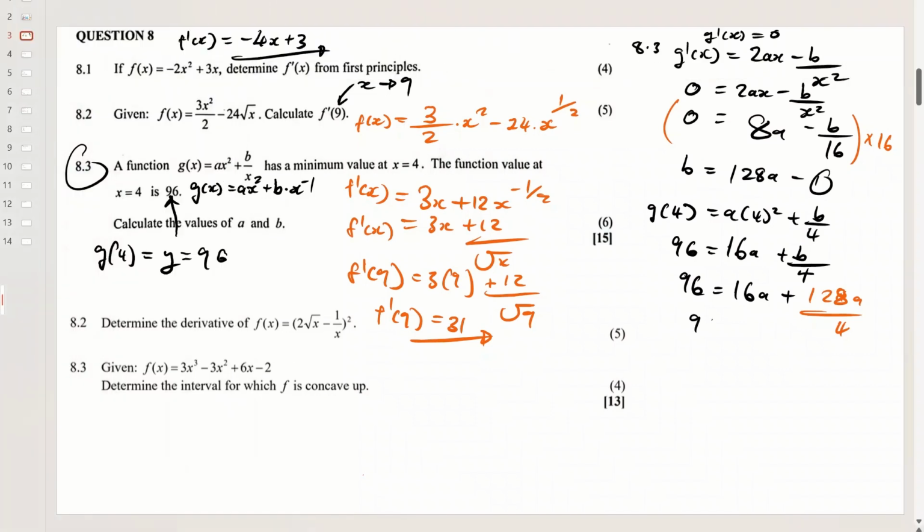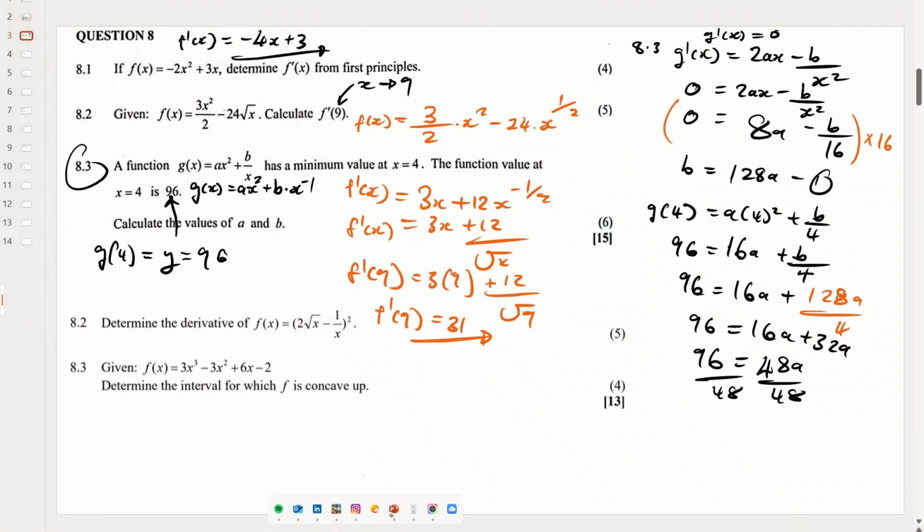So you have 96 equals 16a plus 32a. So now let's see what you have there. You'll have 96, which is equals to 48a. 16 plus 32, 6 plus 2, that's 8, and then 48. Yeah? So now 96 divided by 48, let me see.